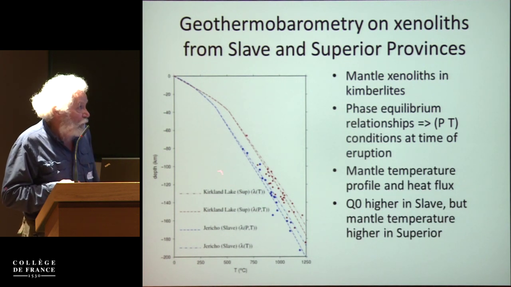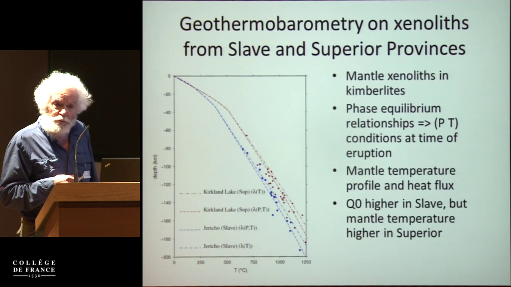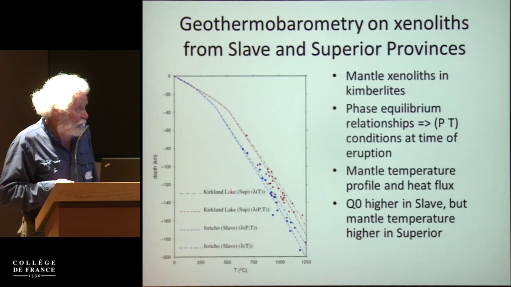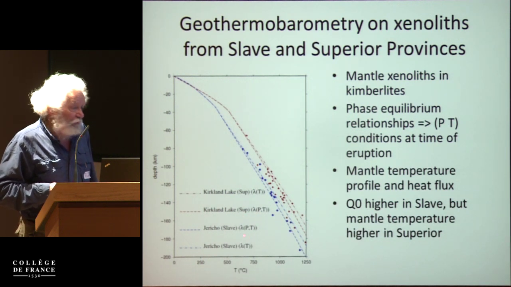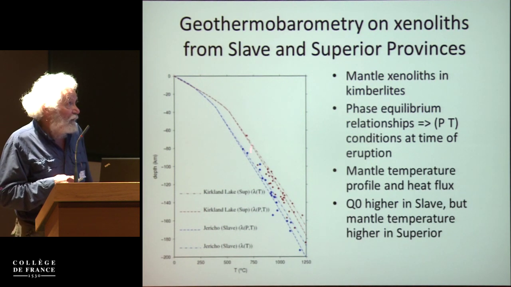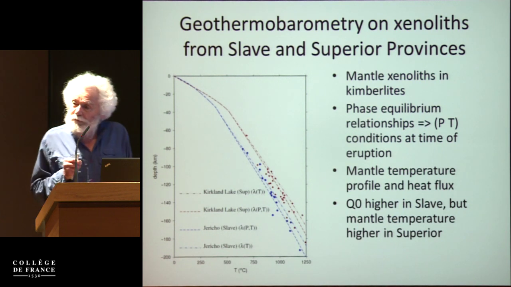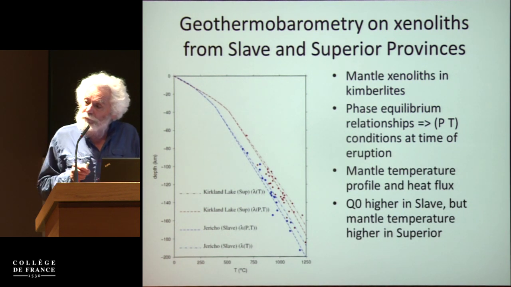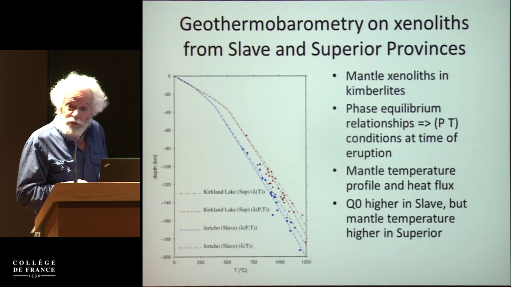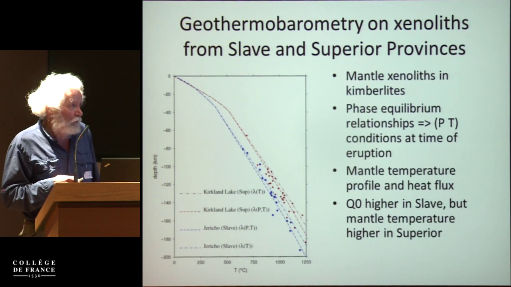and temperature for Kirkland Lake, which is in the Superior Province, just in the center of the Superior Province. And then we have xenoliths from the Slave Province to the northwest, okay, that appear to be colder. Although, which is interesting, the surface heat flux is higher in the Slave, at Jericho, than at Kirkland Lake.